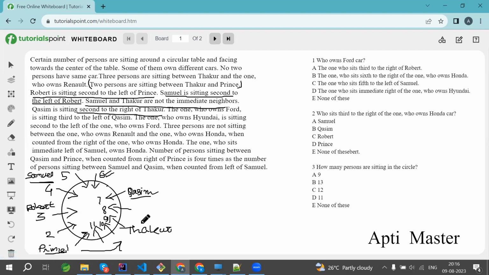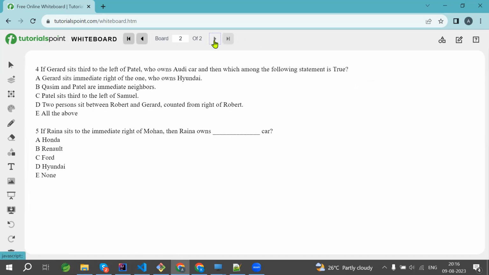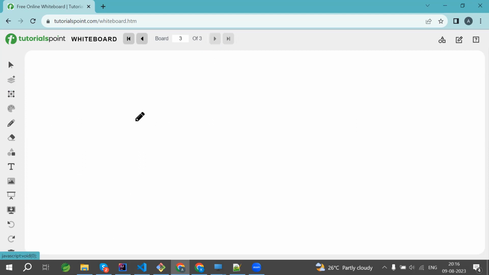Okay. Clear? So I'm drawing this diagram again here for more clarity.